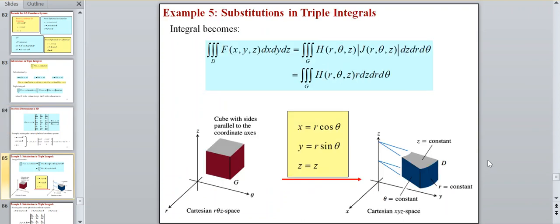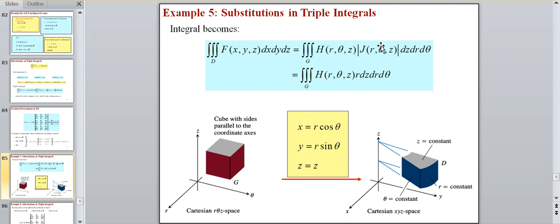And look at the next page. So this is a triple integral in Cartesian system. We use cylindrical coordinate system for our substitution. So when we put the value of x, y, z in terms of r, theta, z, x is r cosine theta, y is r sine theta, z is the same. So we get a function of r, theta, z here. And look at here, the absolute value of the Jacobian, and the Jacobian is r.